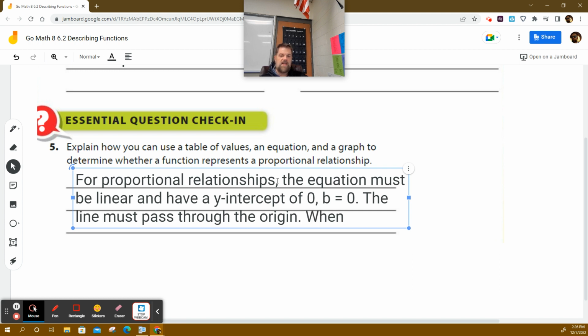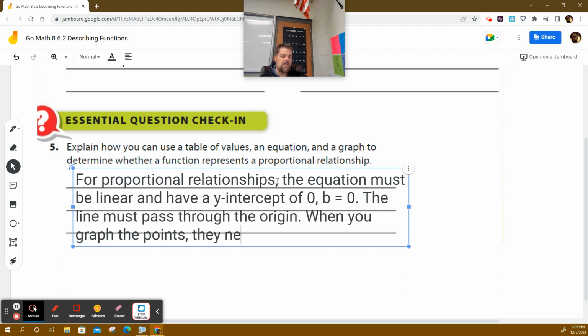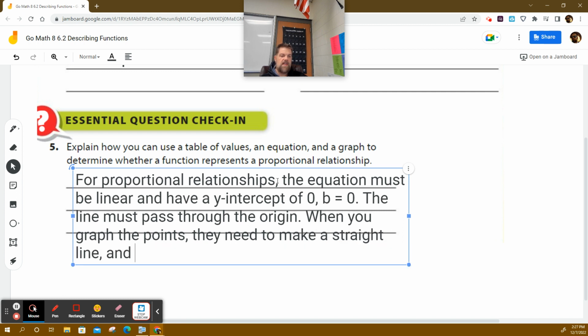So then I would say when you graph the points, they need to make a straight line and pass through the origin. Okay?